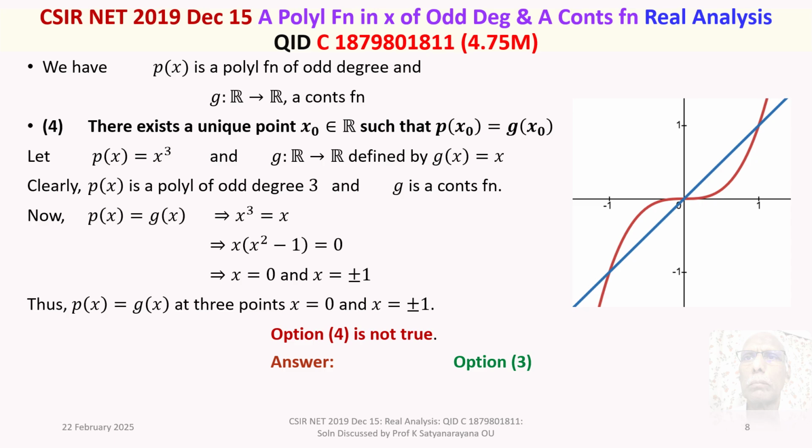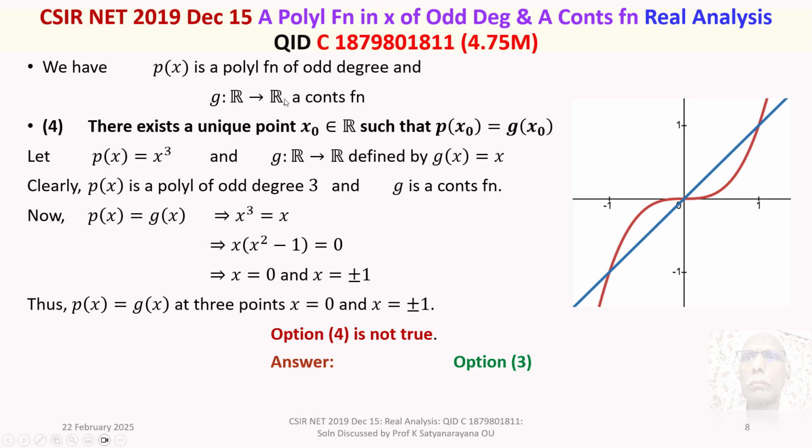As I've been telling you, whenever you look at a problem, look at what concepts and theorems are used in the example. In this one, the property that a polynomial of odd degree takes all values from minus infinity to plus infinity is the crucial point here.